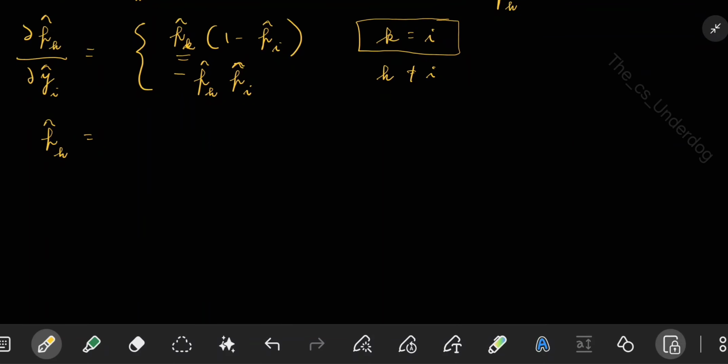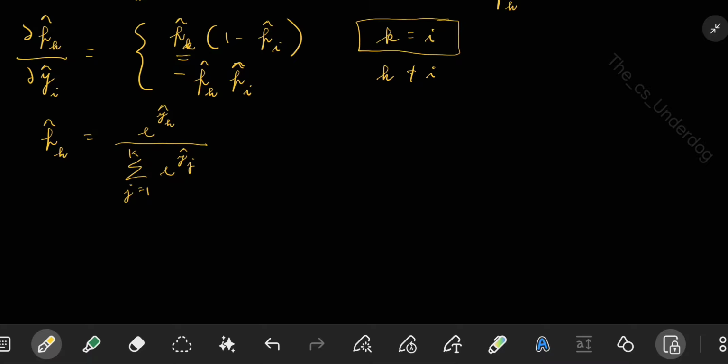So, if I write it here, this is the softmax, okay? E power yk cap divided by the sum over all the probabilities, so let us say j is equal to 1 to k e power yj cap. So this is your value of pk cap.